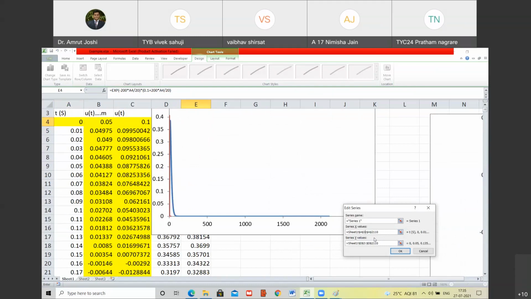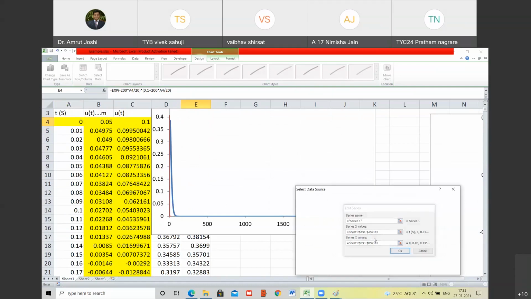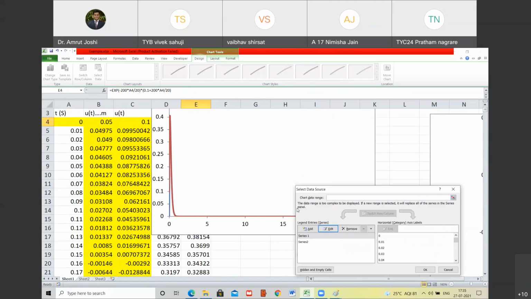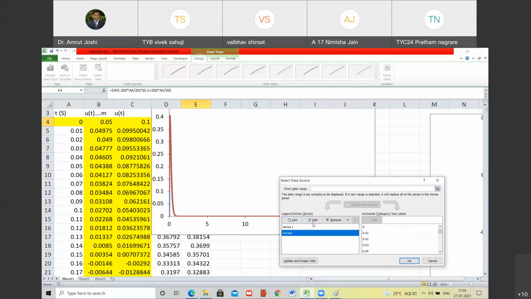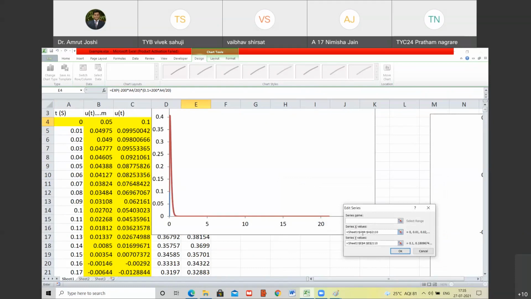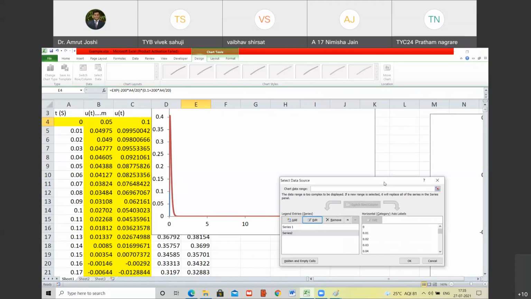Perfect. It has to start from t equal to 4. This series also has to start from t equal to 4. That's correct.